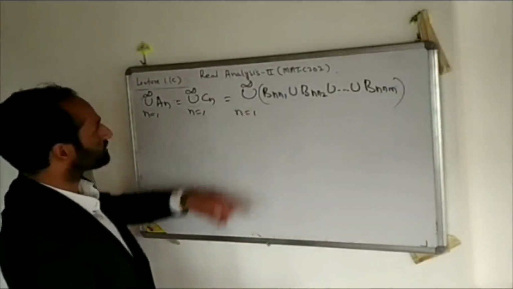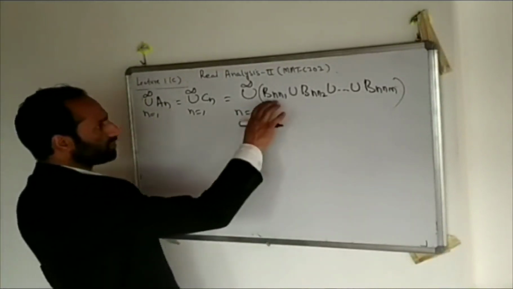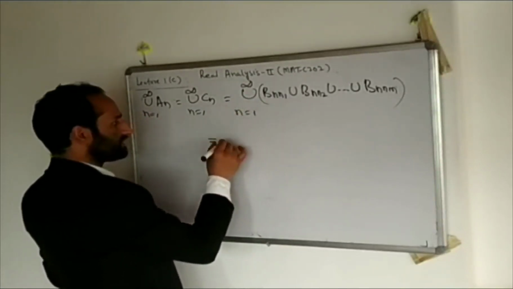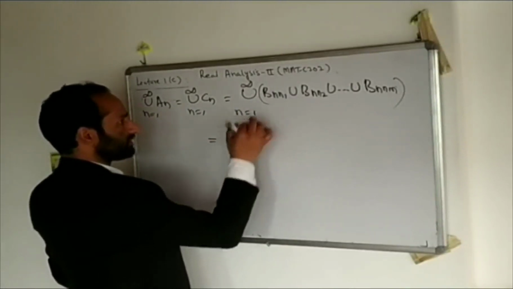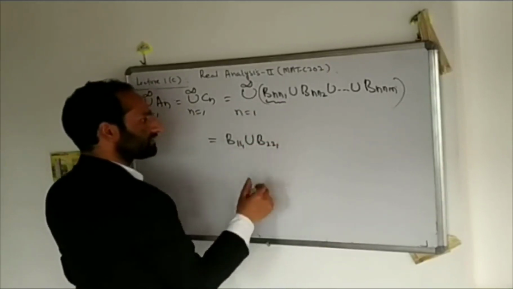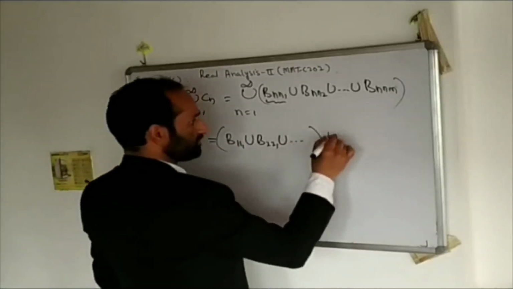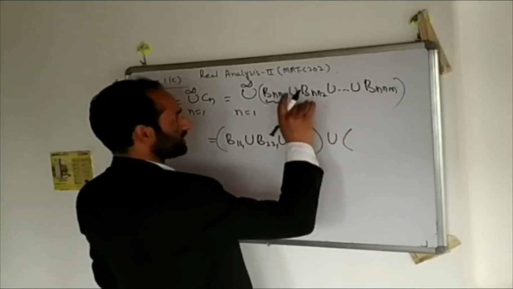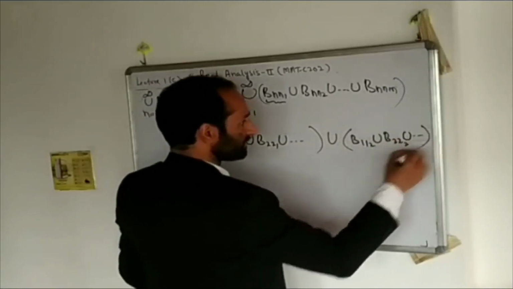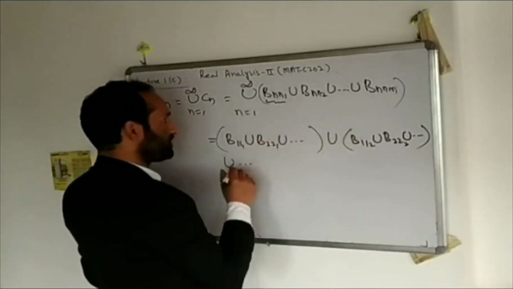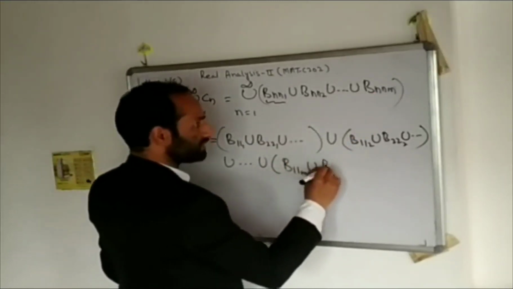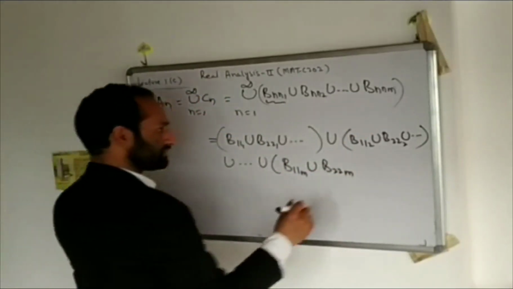So this is a countable union now, and these are members of S. If I expand this union, it's B11 union B21 and so on up to infinity, then union B12 union B22 union, and continue this process.